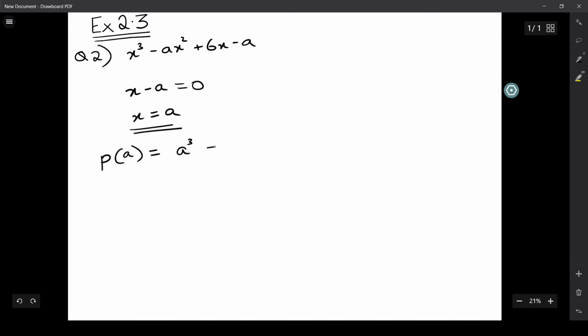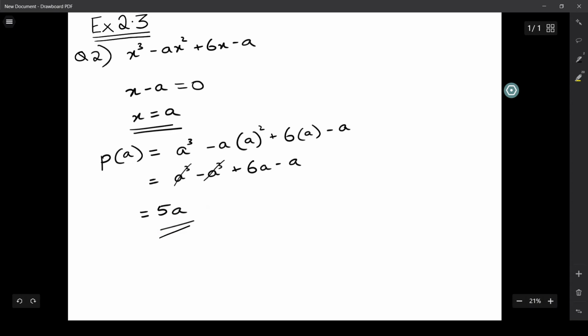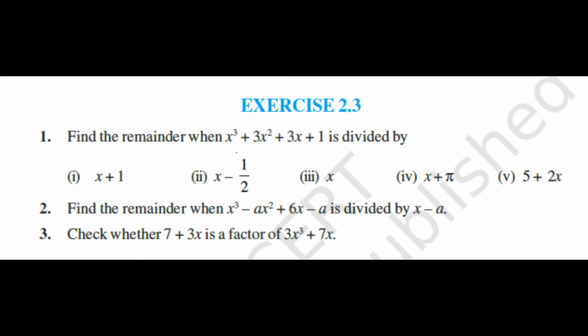So this gives me a cube minus a into a square plus 6 into a minus a. This gives me a cube minus a cube plus 6a minus a, which is equal to 5a. So remainder in this question is 5a.